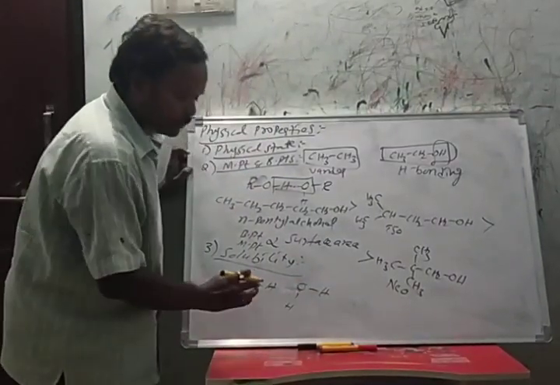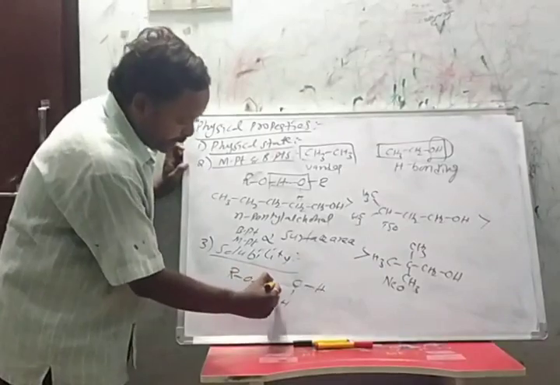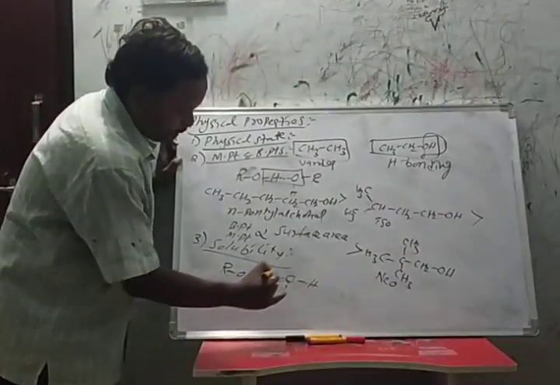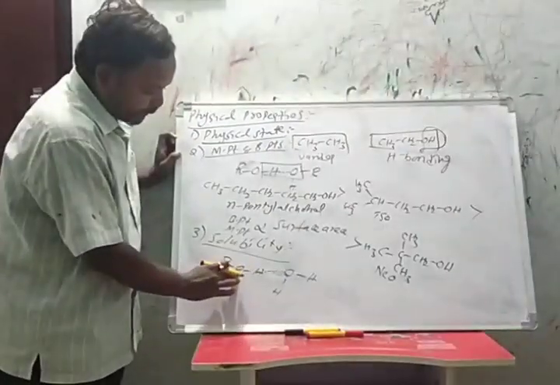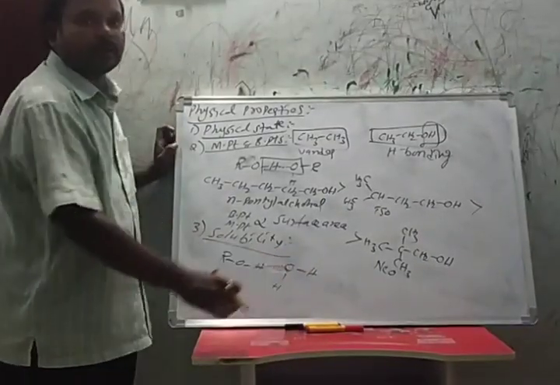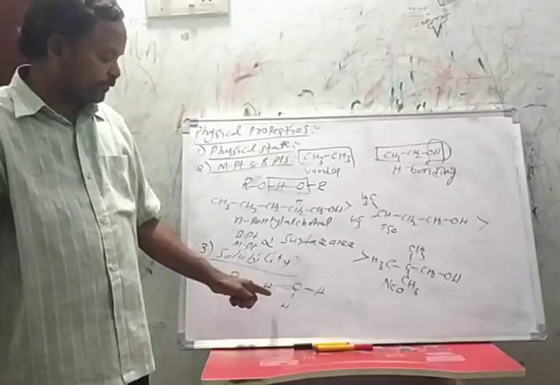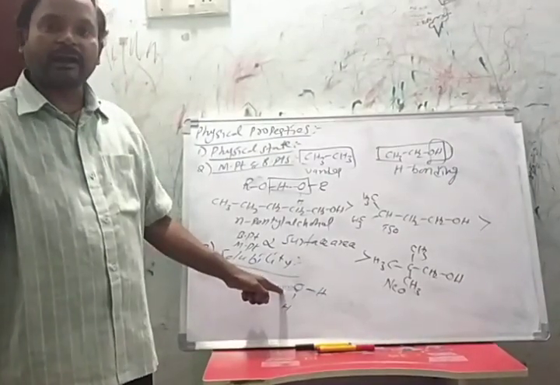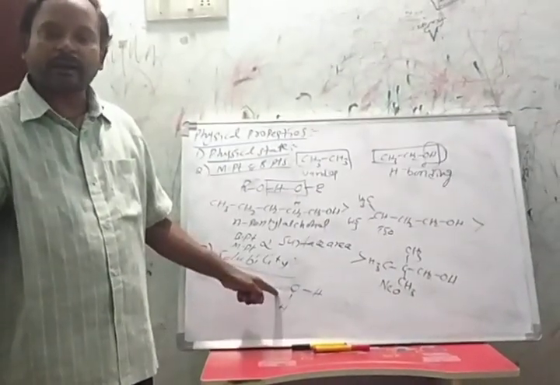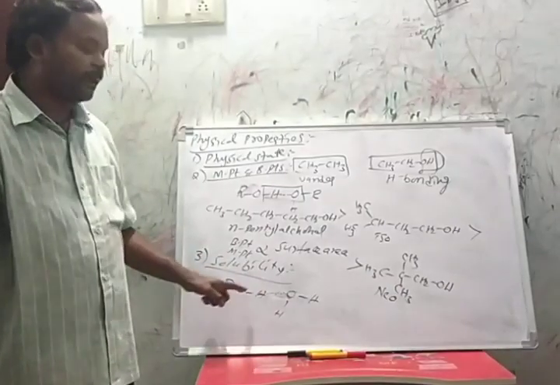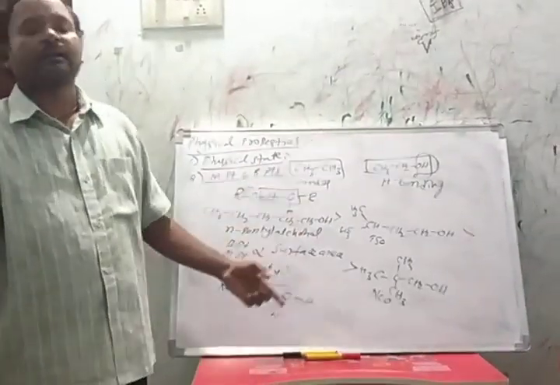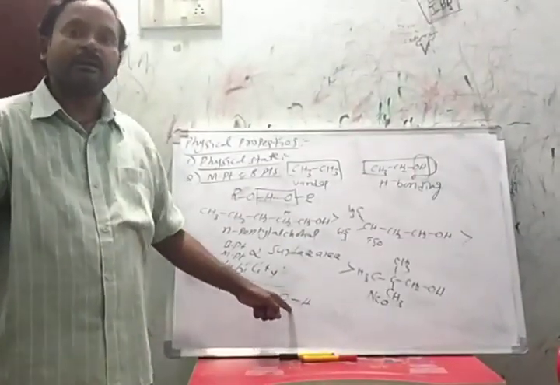This is the water molecule, this is the alcohol molecule, and between water and alcohol we observe intermolecular hydrogen bonding. Due to this, most of the alcohols are completely soluble in water.